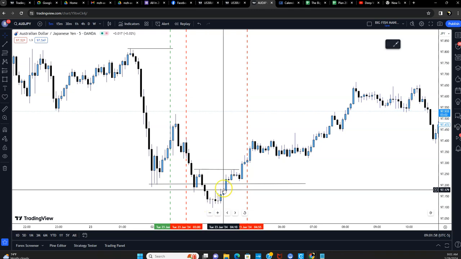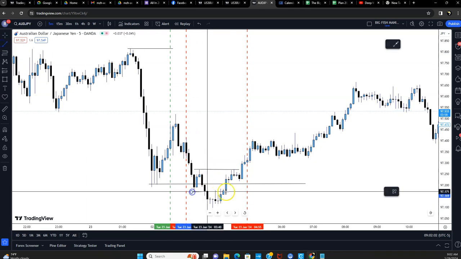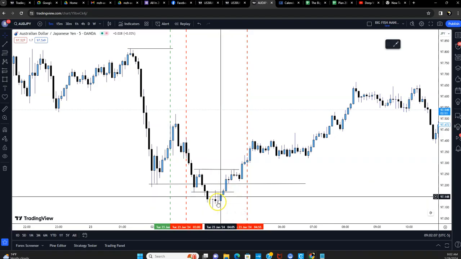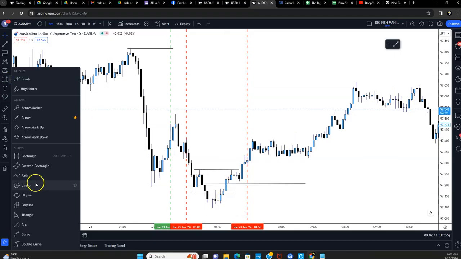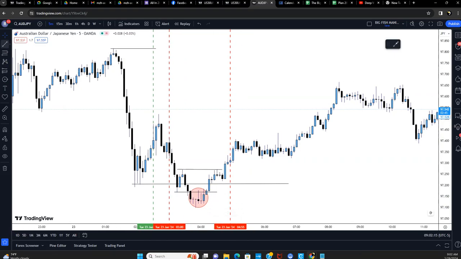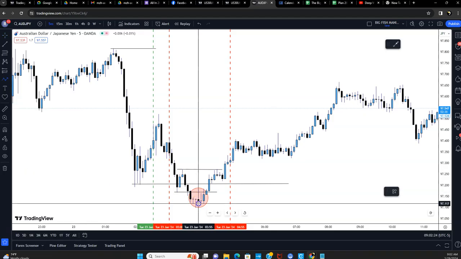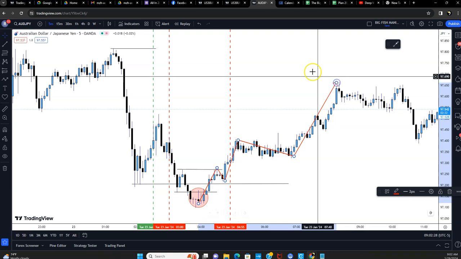And this price coming down, this low being created, and price coming down and running back up into that low is pretty much making this manipulation, and this a market structure shift for the buy.